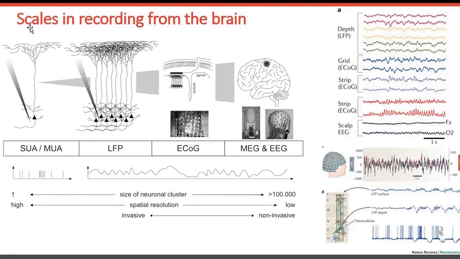Here we have very high spatial resolution because we can pinpoint exactly which neurons are firing, where in the brain, by analyzing the data. While in the EEG case, one sensor picks up the activities of 100,000 neurons. So spatial resolution is very poor because we cannot tell which group among these 100,000 neurons is firing or working. And also we have invasive versus non-invasive.